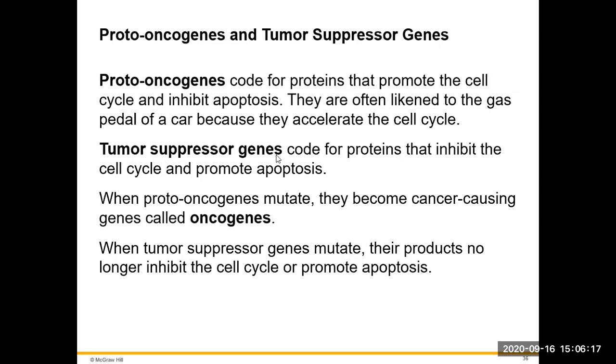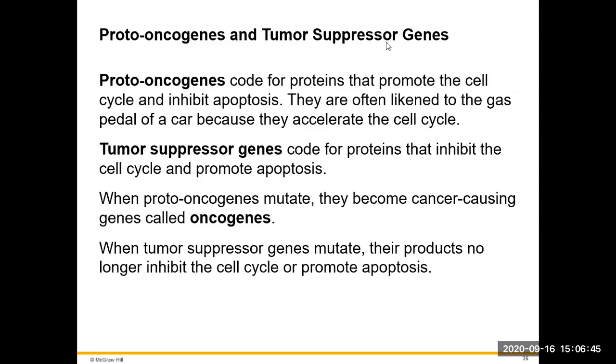Tumor suppressor genes are like the police not doing their job. They are supposed to code for proteins that inhibit the cell cycle and promote apoptosis if necessary. That means they want the cell not to go through the cell cycle, but these genes are not doing their job.